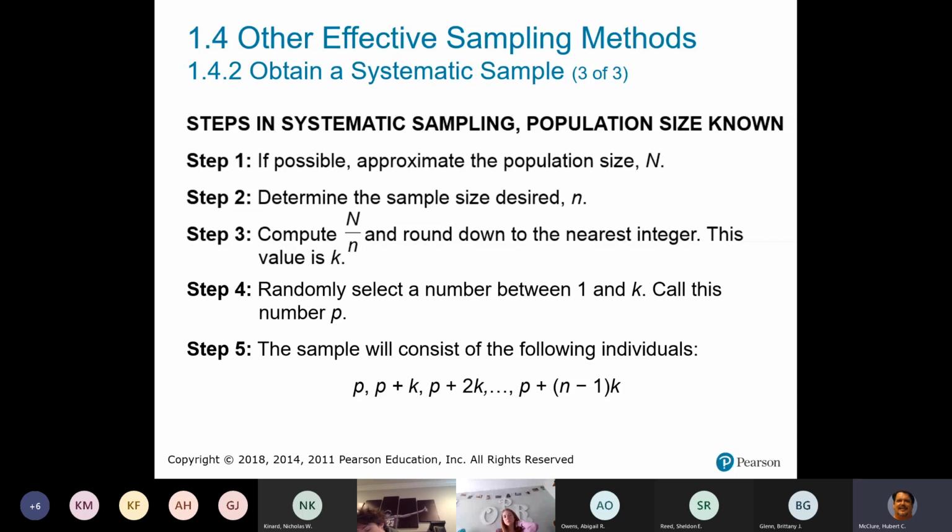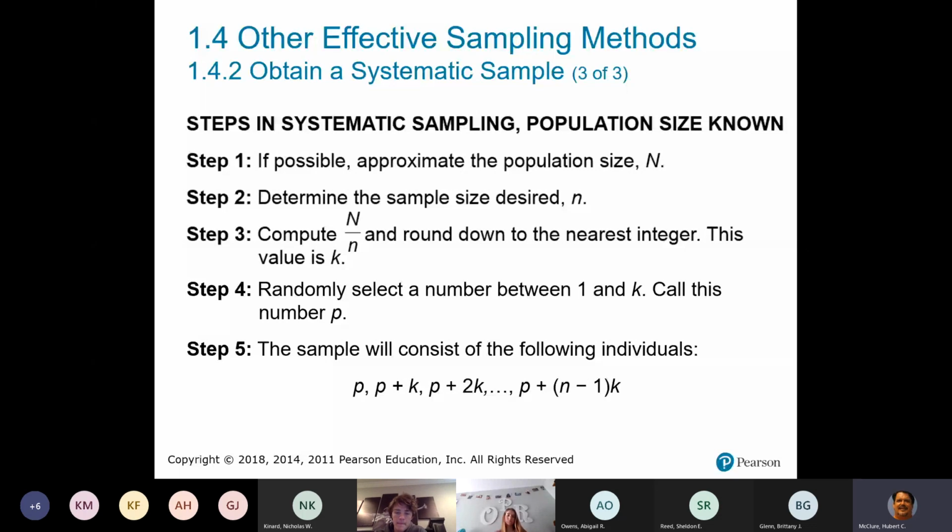So K is equal to big N over little n. And the randomly selected number is equal to P. And then we have P, comma, P plus K, comma, P plus 2K, comma, and P plus N minus 1 times K.